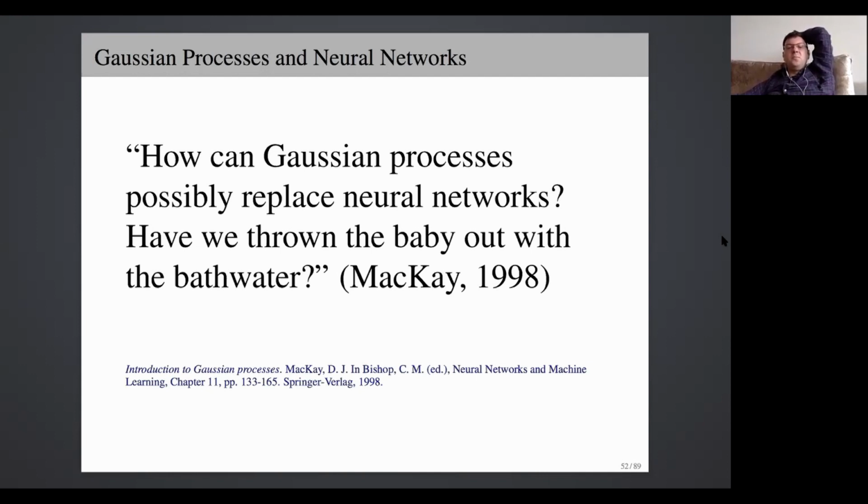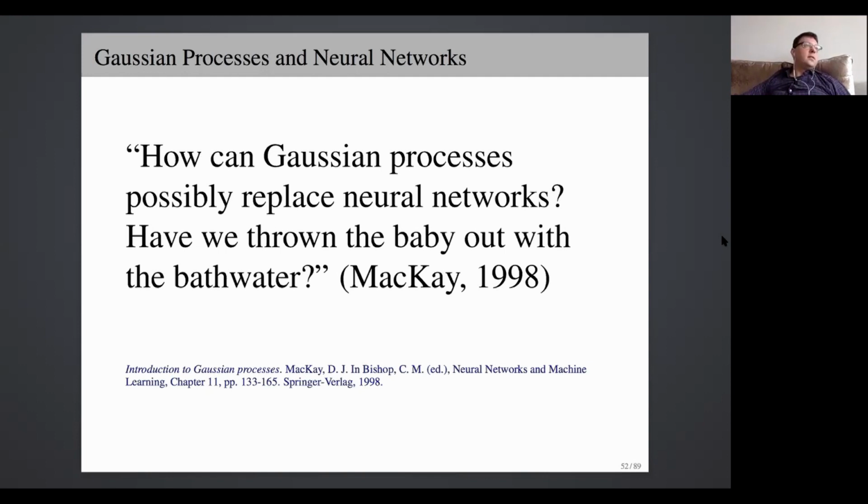And David MacKay did support Gaussian process research, but he was also a bit of a contrarian, and he wrote an article in an edited book about neural networks on Gaussian processes, where he has this quote: "How can Gaussian processes possibly replace neural networks? Have we thrown the baby out with the bathwater?"